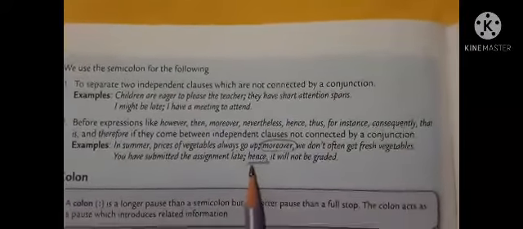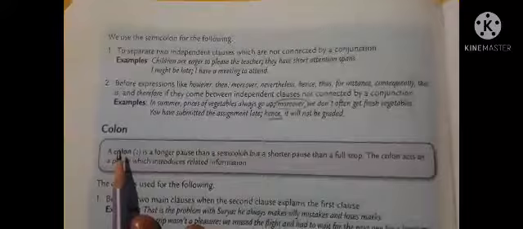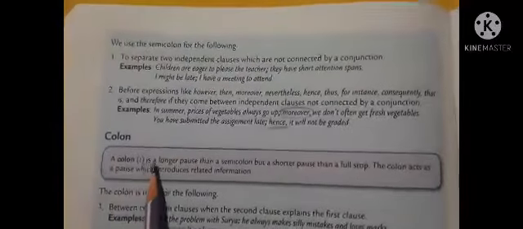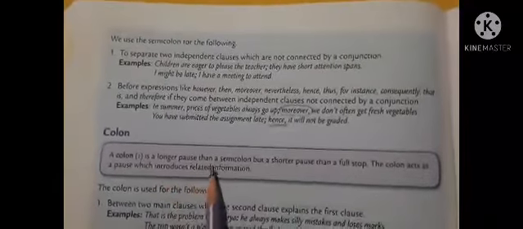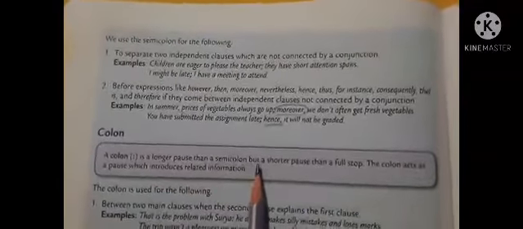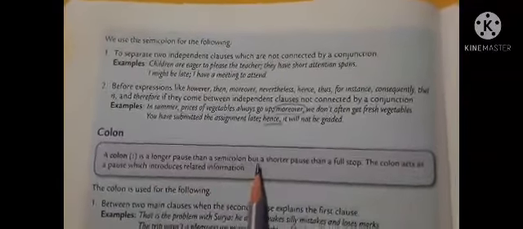Now let us see colon. What is colon? A colon is a longer pause than a semicolon but a shorter pause than a full stop. The colon acts as a pause which introduces related information.